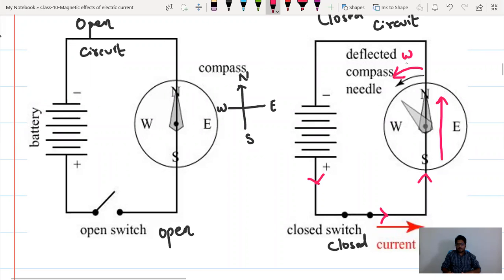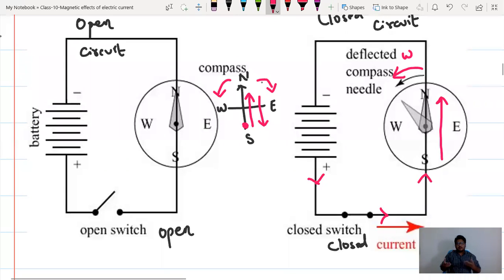That is so important. If current is flowing from south to north, the compass needle will deflect towards west. If current is flowing from north to south, the compass needle will deflect towards east. In examination, they will not ask such types of questions, don't worry.